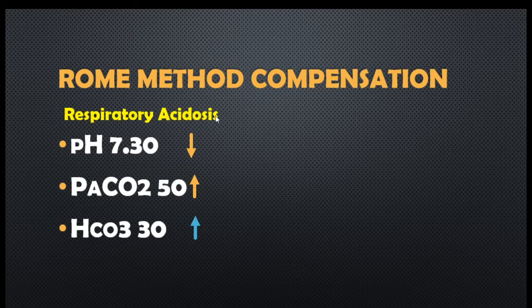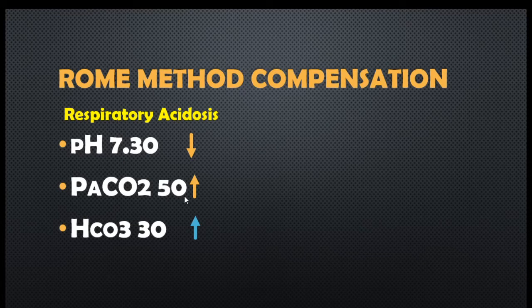That's why we interpret this one as acidosis. Is there a compensation? Yes, there is a compensation because we can assess that the PaCO2 and the bicarbonate have the same arrow, both up. So we can assess that there is a compensation.